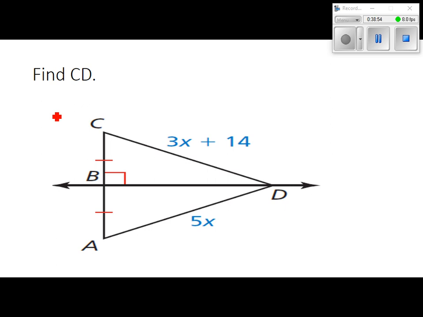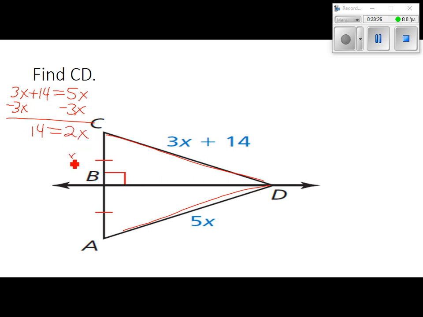Find segment CD. How can we manage to do that? What do we know about line BD? It's the perpendicular bisector. So what has to be true about these two? They got to be equal. So what equation can I set up? 3x plus 14 equals 5x. Very good. Subtract 3x. 14 equals 2x.